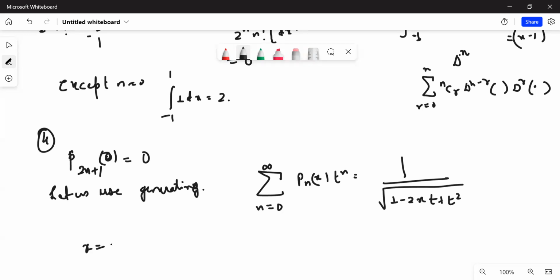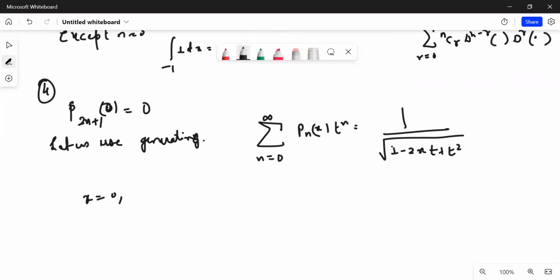So if x is equal to 0, this will be (1 plus t square) to the power minus half, and it will be equivalent to writing the summation n equal to 0 to infinity of t^n P_n(0), and here you have t to the power n. Is that clear?